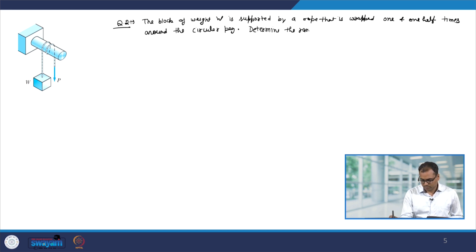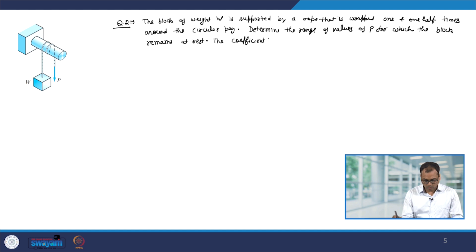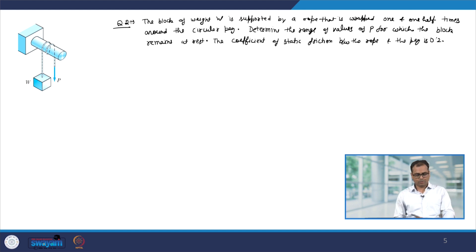Determine the range of values of P for which the block remains at rest, and it is given that the coefficient of static friction between the rope and the peg is 0.2.